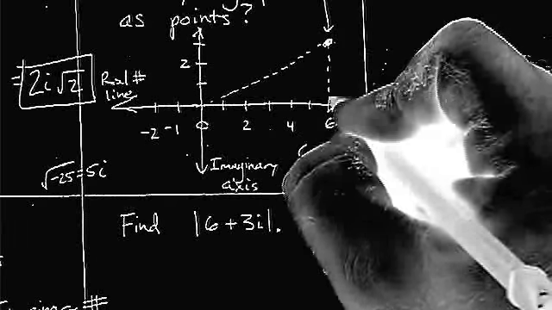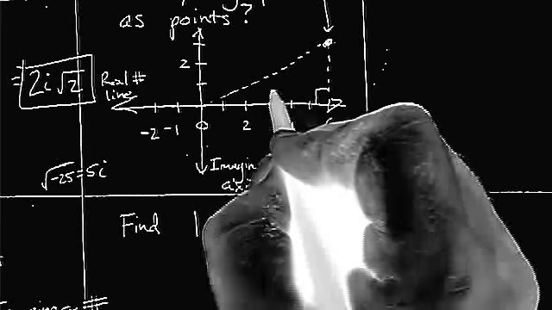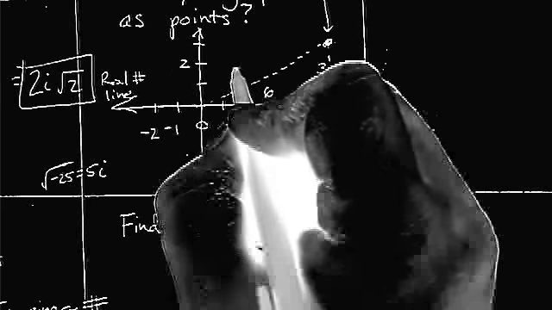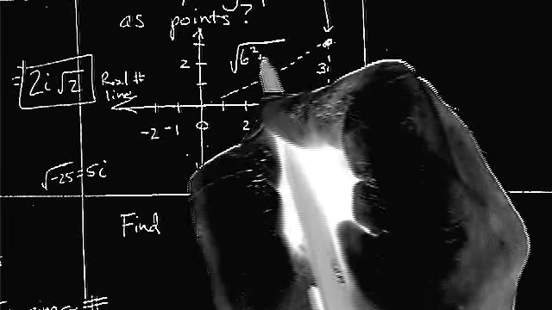So, how do you find the distance from that point to here? Well, doesn't this remind you of a right triangle? With a distance of 6 on this side and a distance of 3 on that side? And don't we know that to find that distance, it's the Pythagorean Theorem?